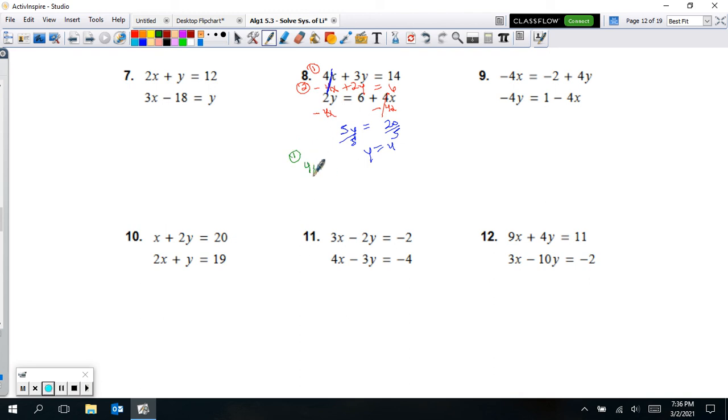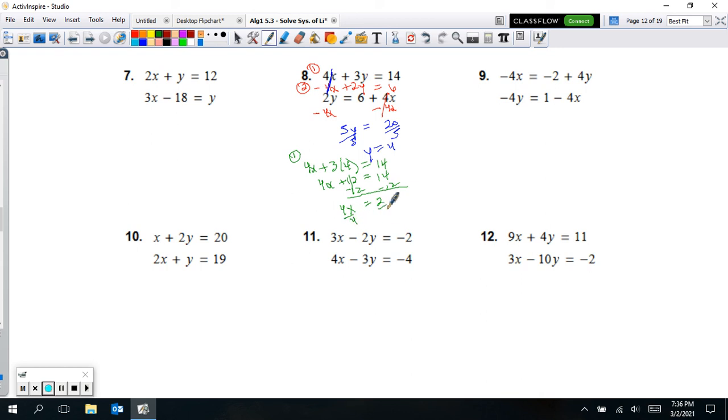So 4x, and then it's plus 3 times y, so 3 times 4 is equal to 14. That's 12, so 4x plus 12 is equal to 14. Everything else is the same at this point. So subtract 12 now. And so 4x is equal to, so 14 minus 12 is 2.